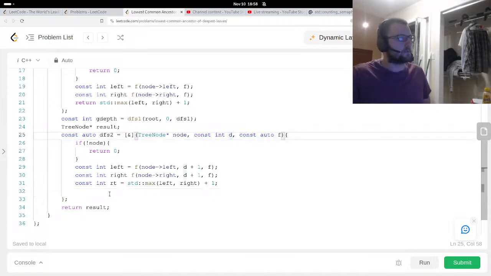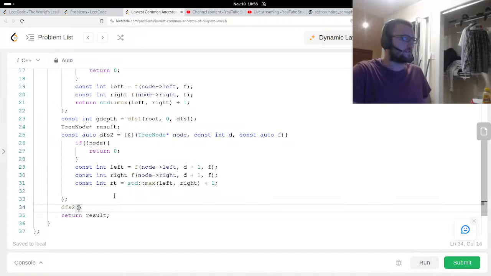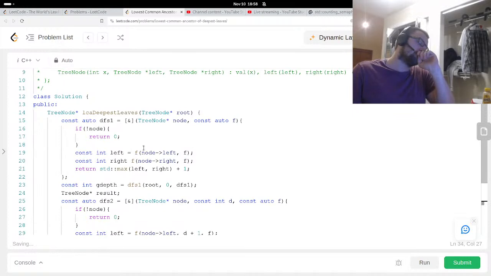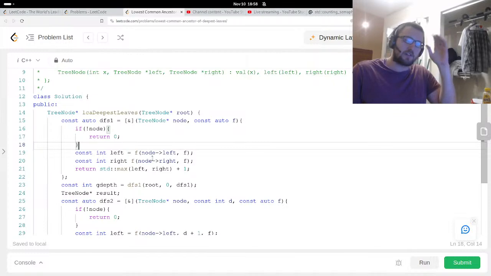Maybe this current depth should be a 1 initially. Kind of conflicted about that.